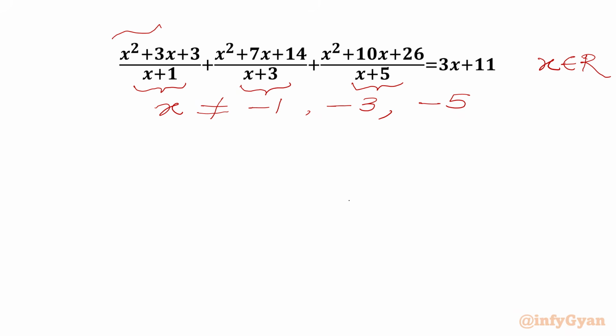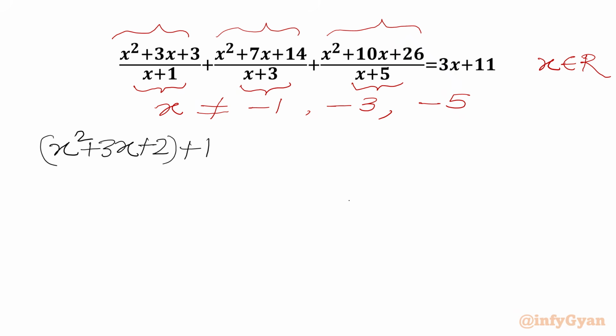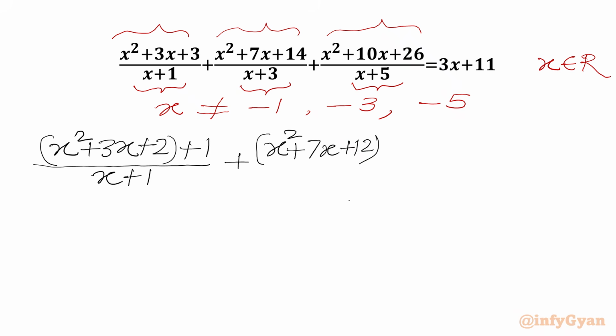Now we are going to rewrite our numerator terms. So we can write x square plus 3x plus 2, plus 1. This is x square plus 3x plus 3. In the denominator we have x plus 1, plus x square plus 7x plus 12, and then we'll add 2.